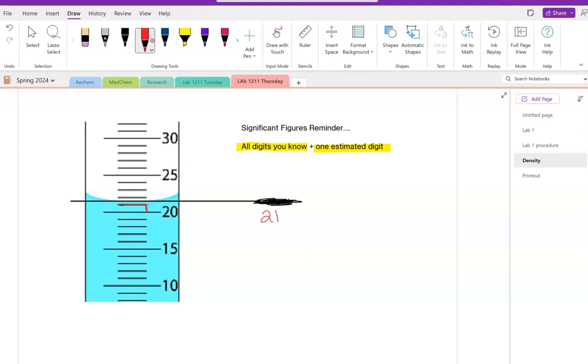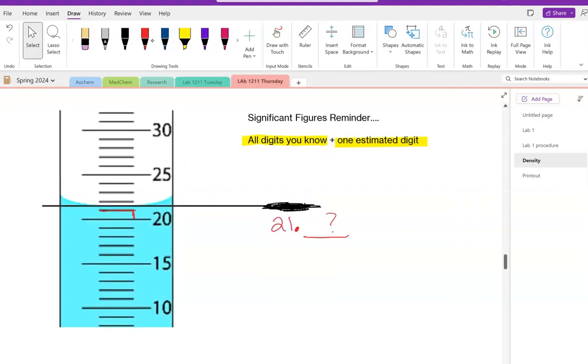I know those digits 100% sure, but it's point something. I don't know this last digit exactly, so this is my estimated digit. It's about halfway through, so I'm going to say that it's 21.5. Now, if it was right on the line, right on 25, you would say 25. You know that for sure. Your estimated digit would be 0.0.